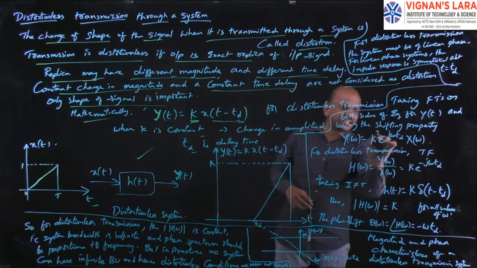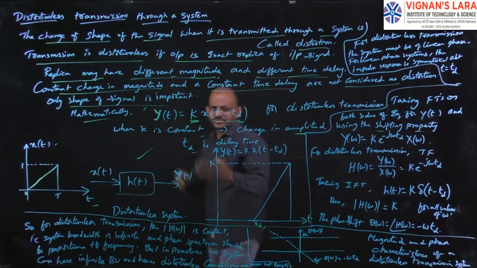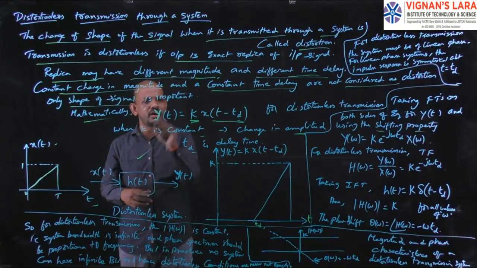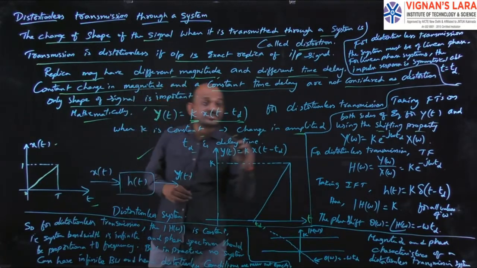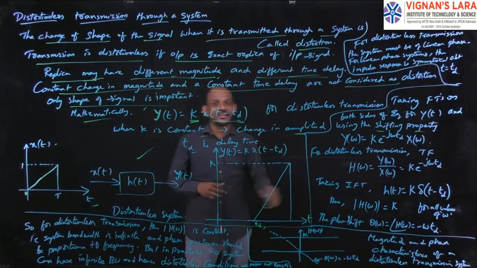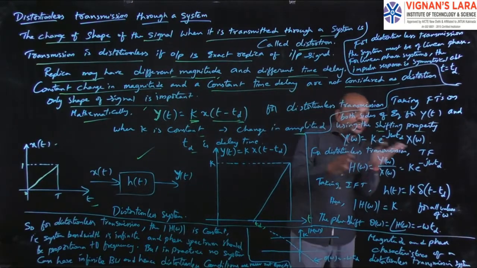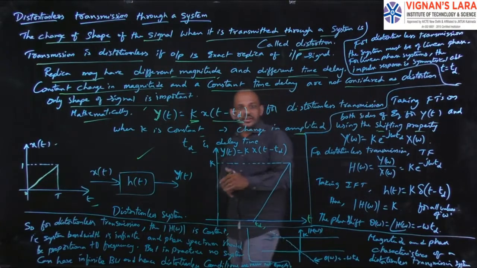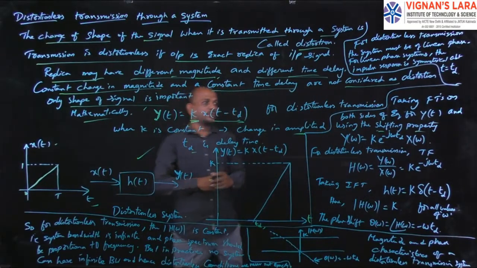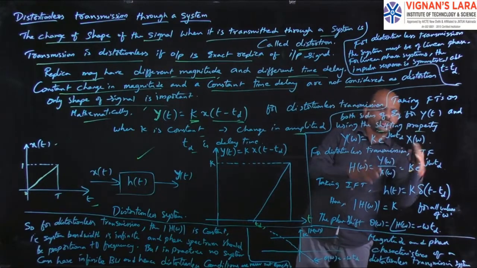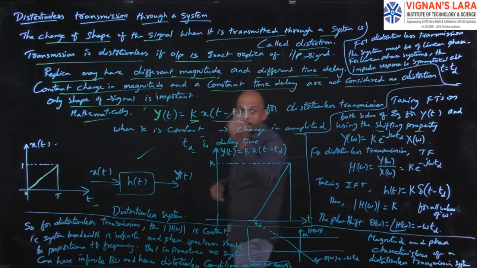If you consider the Fourier transform, y of t will become capital Y of omega and x of t will become X of omega, but here it is x of t minus td. There is a time shift. Whenever there is a shift in time, we have to multiply by e power minus j omega td, that is e power minus j omega t naught, in the frequency domain. That is the time shifting property.